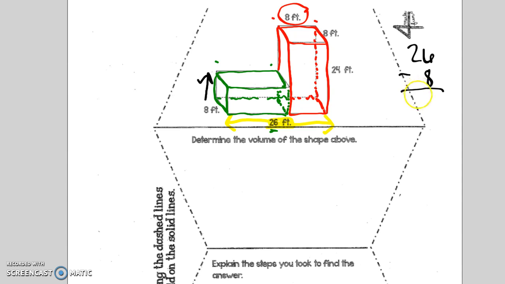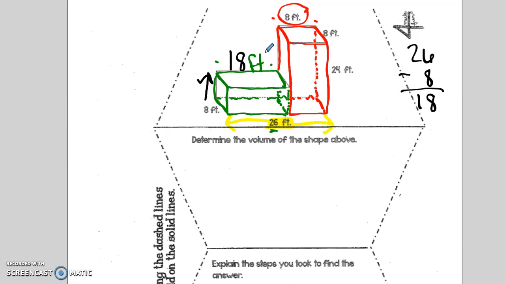The left side of our prism is 18 feet long, and I'm going to label that in my left-side prism color, green. 18 feet long right there. So we added one dimension that we needed.